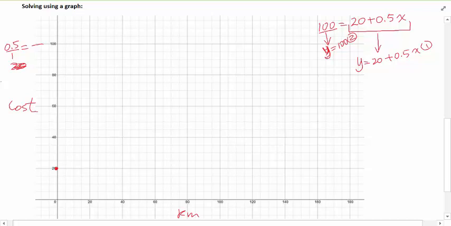For every 20 kilometers, how much is it? Just put 20 here, right? 0.5 of 20 gives you what? 10. So it has to go up every 10. So every 20, it will go up 10.